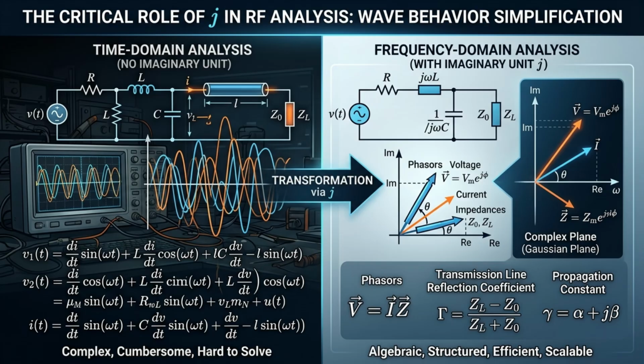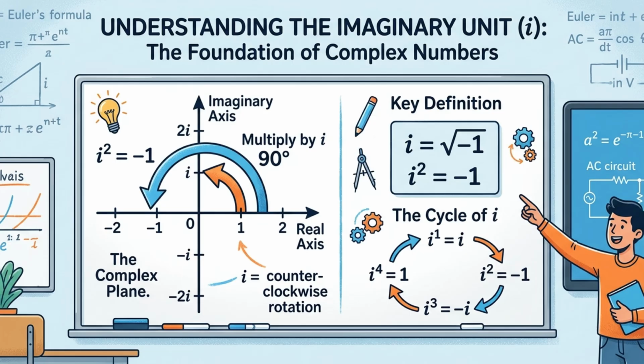Without the imaginary unit, describing wave behavior in circuits and transmission lines would require significantly more complex time domain equations. By introducing a second dimension, RF analysis becomes structured, scalable, and mathematically efficient. Understanding the meaning of the imaginary unit is essential before moving into Euler's formula and phasor representation.